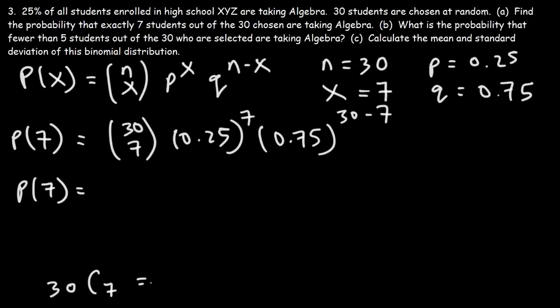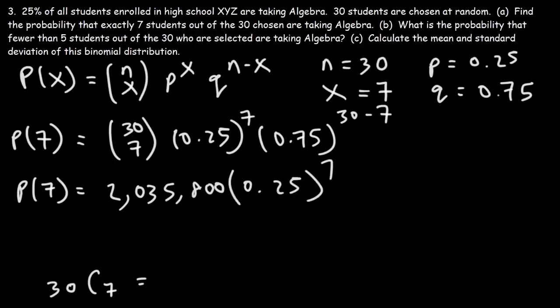So I'm just going to use my calculator to get this answer. 30C7, that is a huge number. It's 2,035,800. We're going to multiply that by 0.25 raised to the 7th power times 0.75 raised to the 23rd power.